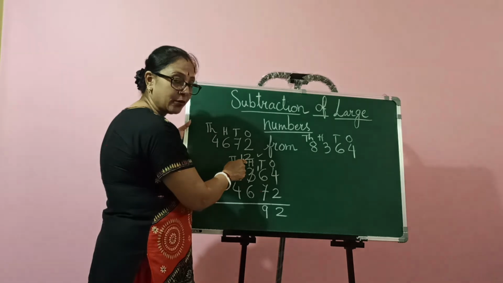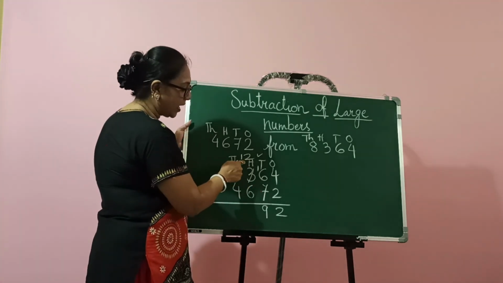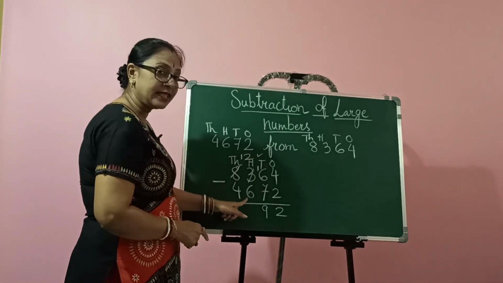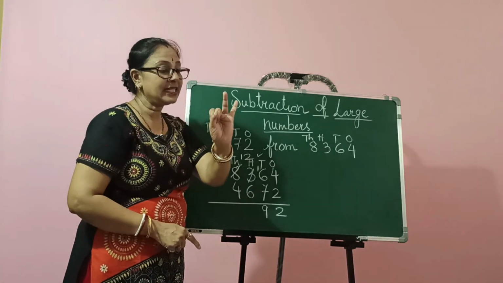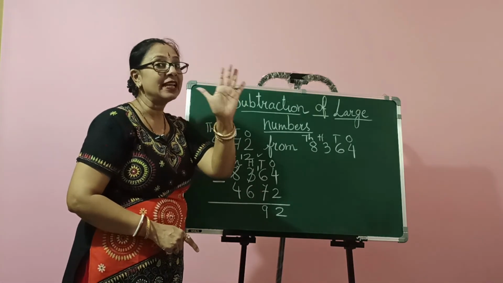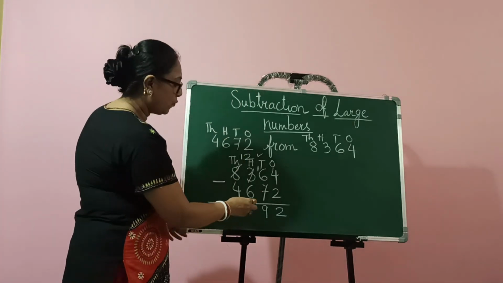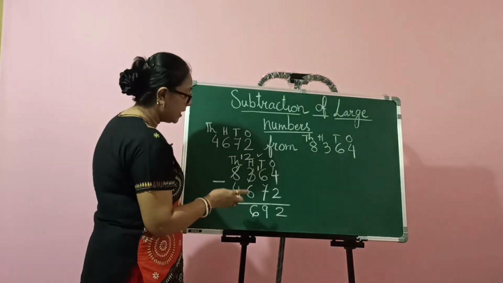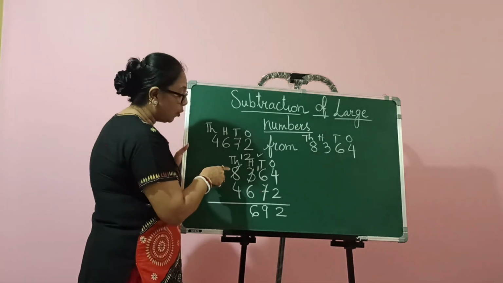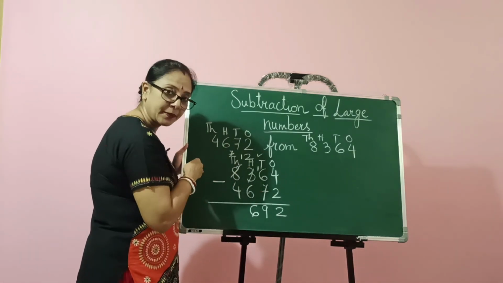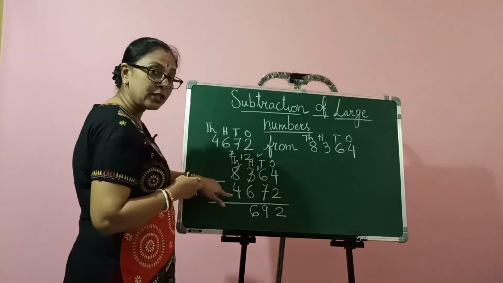1200 means 12 hundreds. So from 12, now we can subtract 6. So let us count. After 6 comes 7, 8, 9, 10, 11, 12. That is we are getting 6. So we write 6 here. Since we have borrowed 1 from 8000, this becomes 7000. 7 minus 4.